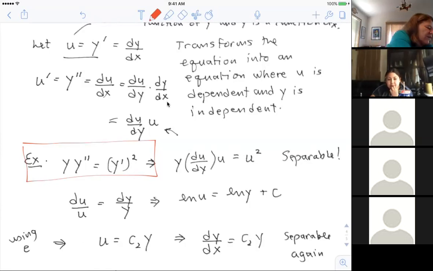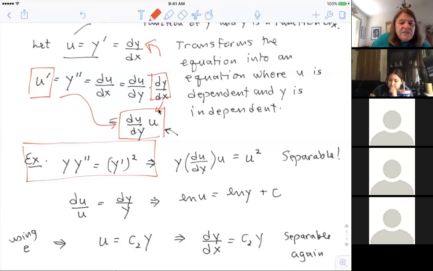That's because u is a function of y and y is a function of x. So bottom line here, guys, the substitution I'm going to use is this, because dy dx, that y prime, was my u. So the substitution I'm going to use is this thing right here. That's a u, not a y. It looks like there's a little tail there, but it's a u, okay? So I'm going to put in y prime is du dy times u. If I look at this one, then there's y.